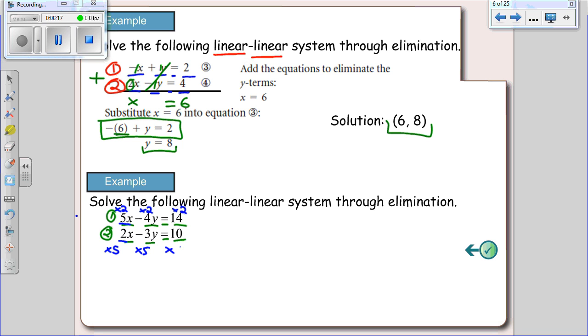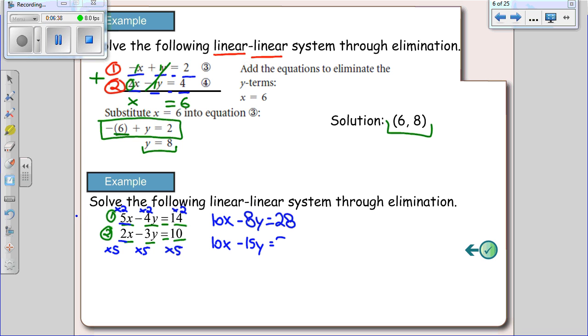And when we do that, equation 1 is going to become 10x minus 8y equals 28. And the second equation is going to become 10x minus 15y equals 50.